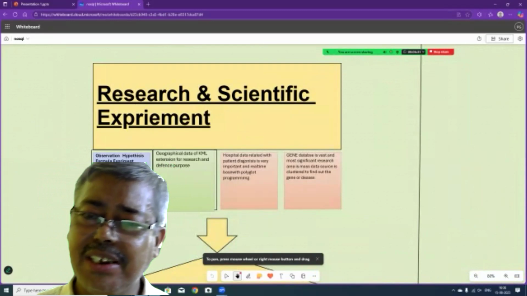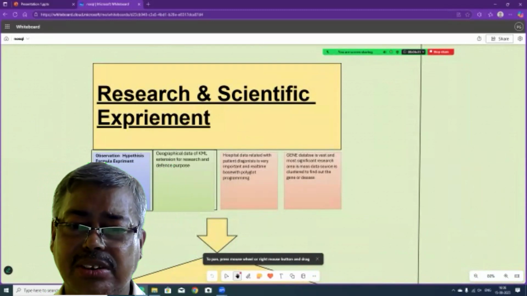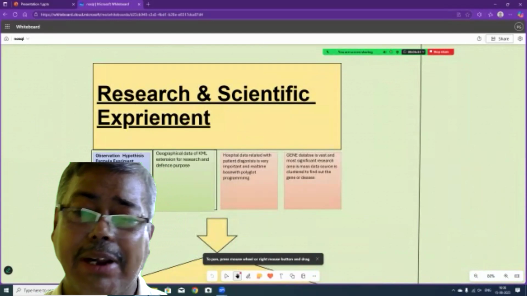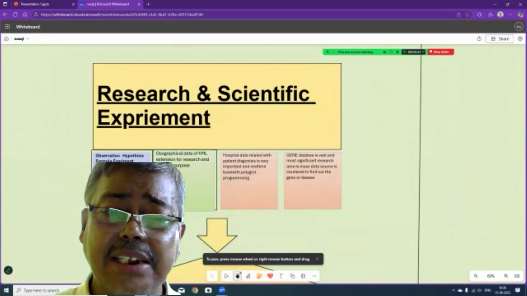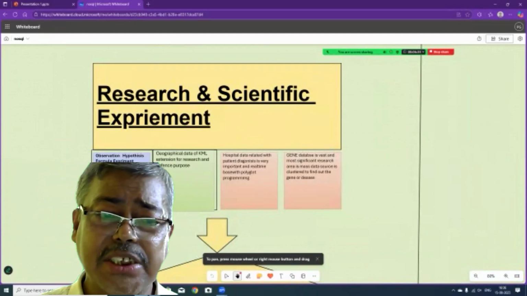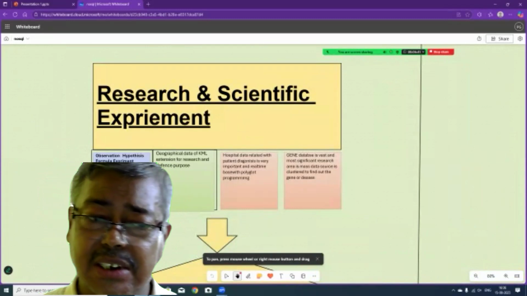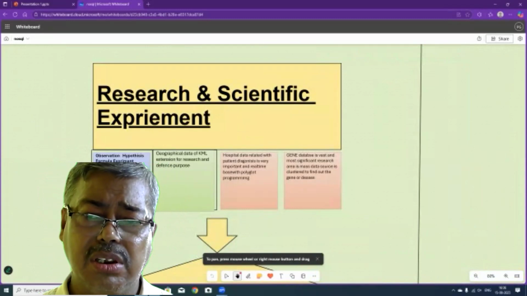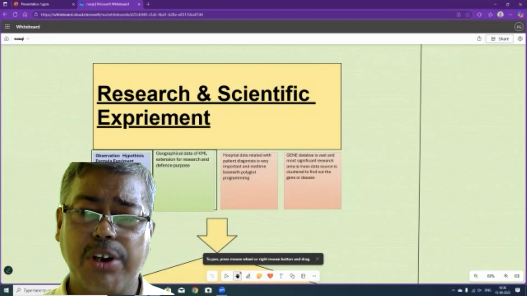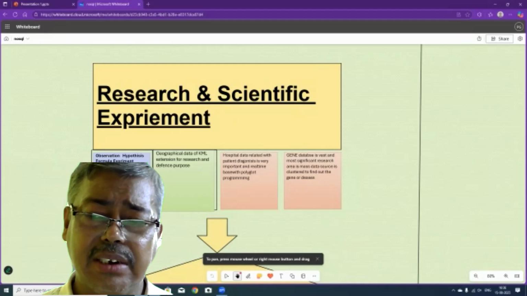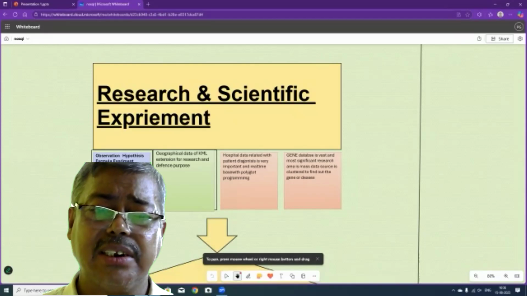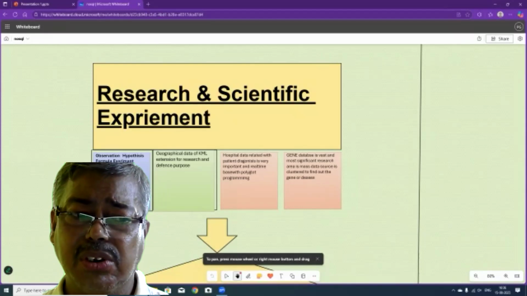It is most interesting, and this database is reused and most valuable. In research and scientific experiment, on the basis of the GPS system, geographical data with KML extension is widely used for tracking in the defense sector, normal application sector and other sectors also.